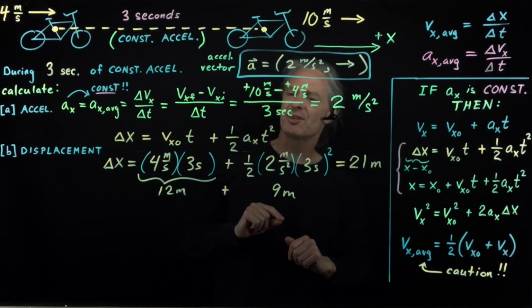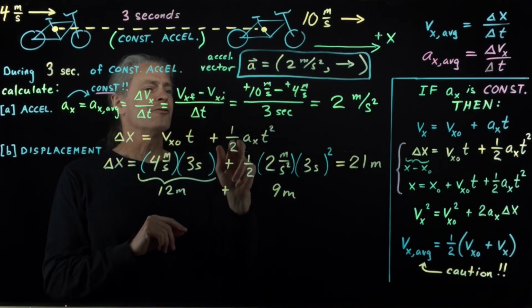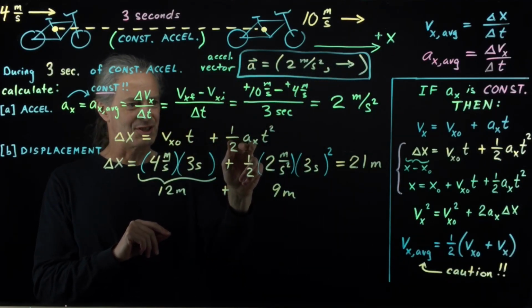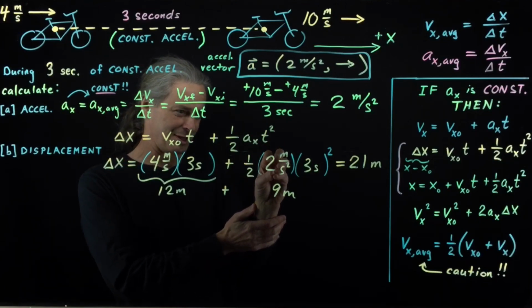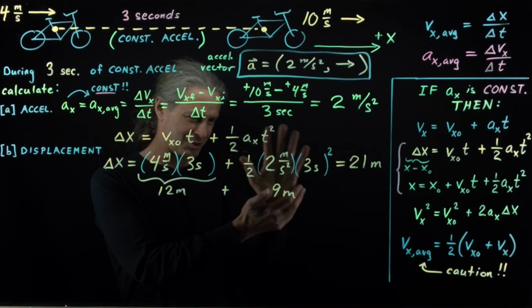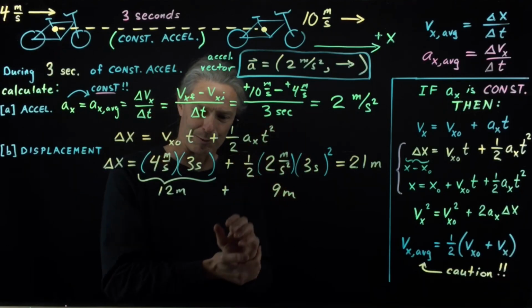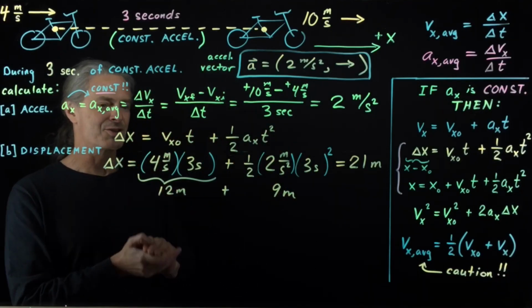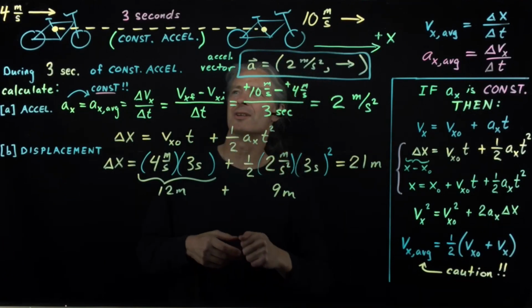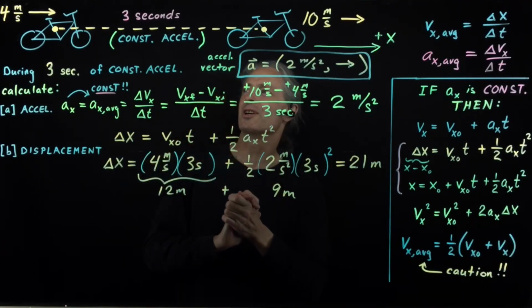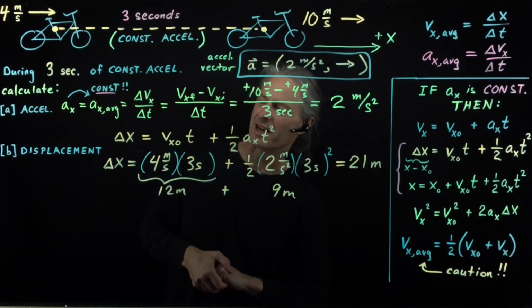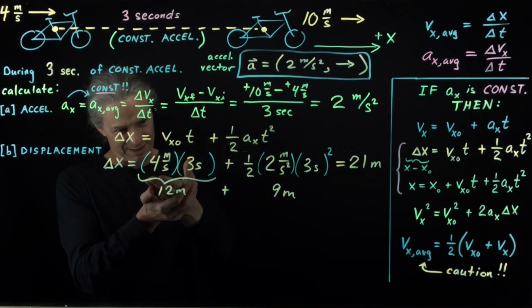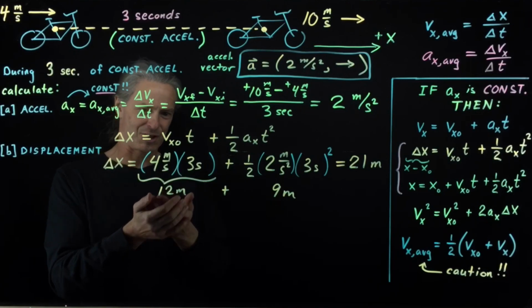One quick comment. If the acceleration had been 0, then I'd have a 0 here. 0 times anything gives me 0, so I'd have nothing right here, and I would have a displacement of 12 meters. Well, that makes sense, because if the acceleration is 0, that means the bicycle would just continue on at 4 meters per second. 4 meters per second for 3 seconds would give us 12 meters.